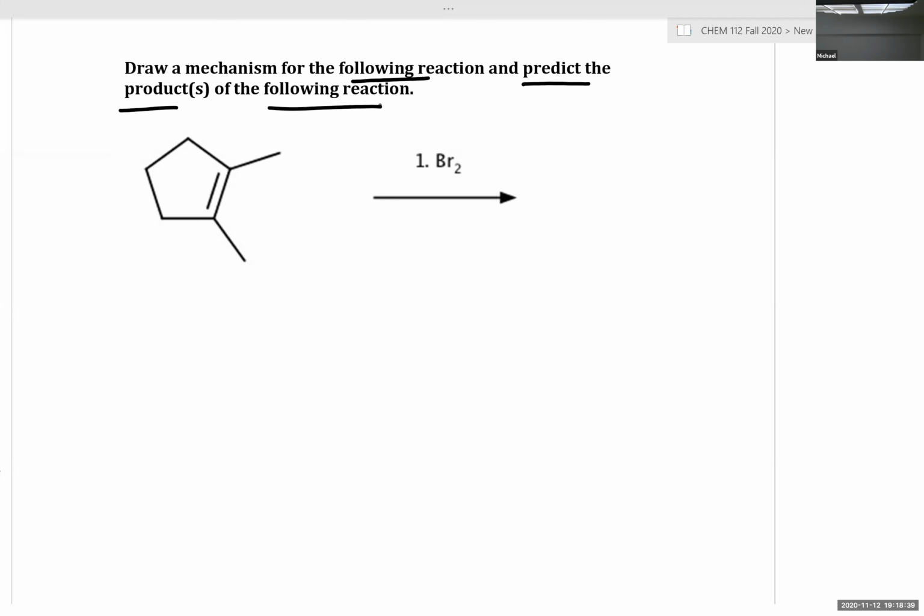And I'd like to see the product drawn with stereochemistry indicated, if stereochemistry would be appropriate to indicate. Notice the keyword here, if stereochemistry would be appropriate to indicate.